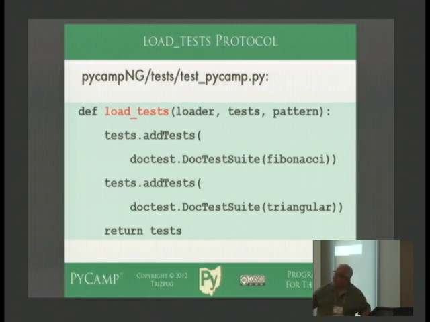So we can call the DocTestSuite built-in class and provide it with a module. It will discover all the doc tests in that module and convert them into unit tests. Then the test suite provided by unittest has an addTest method that we can use to add all those doc tests, turned into unit tests, from the Fibonacci module. And we'll do the same thing for the triangular module.